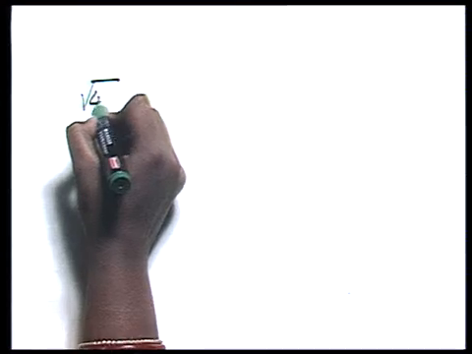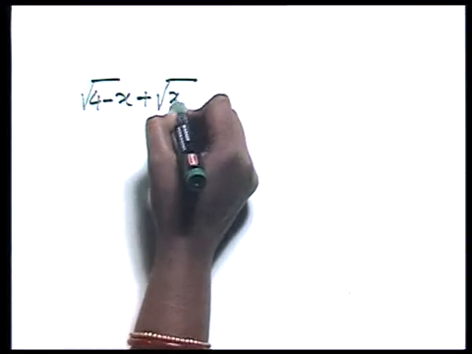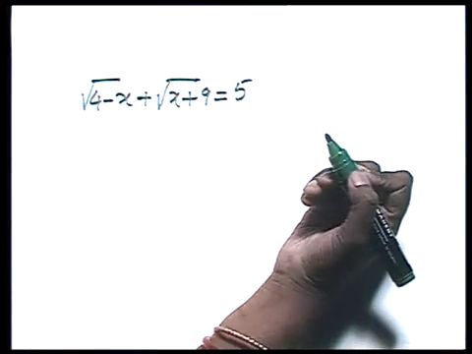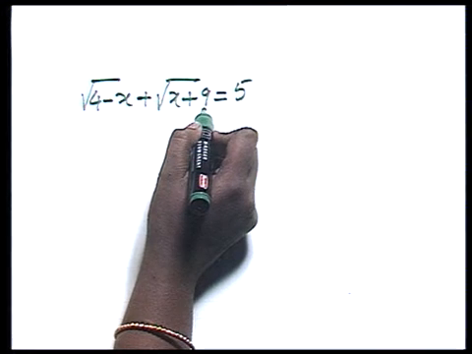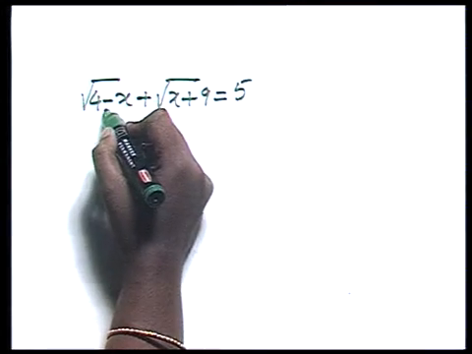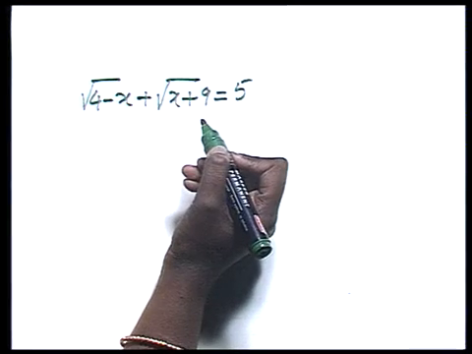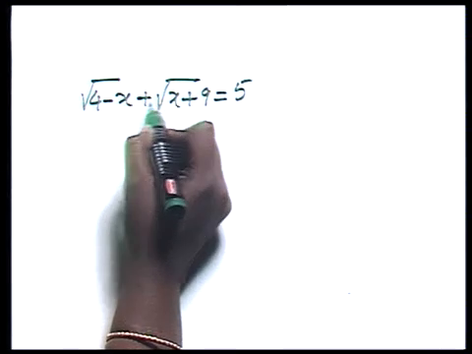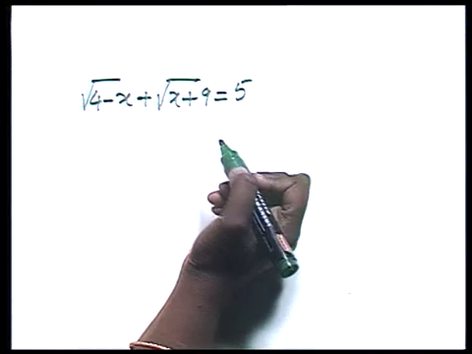Look at another equation. Under root of 4 - x plus under root of x + 9 equals 5. When we observe this equation carefully, we find that there are two expressions involving radical signs. Also, both these expressions are positive square roots of 4 - x and x + 9 respectively.